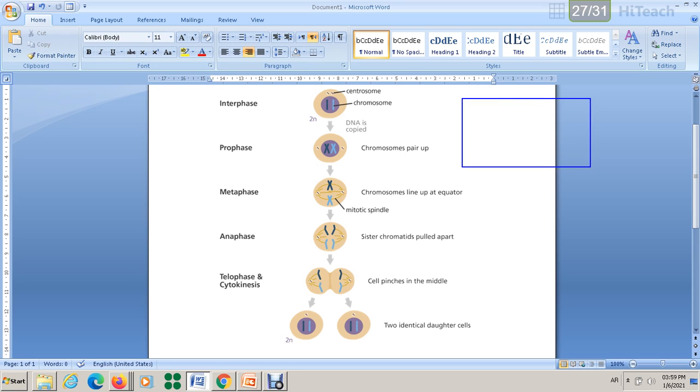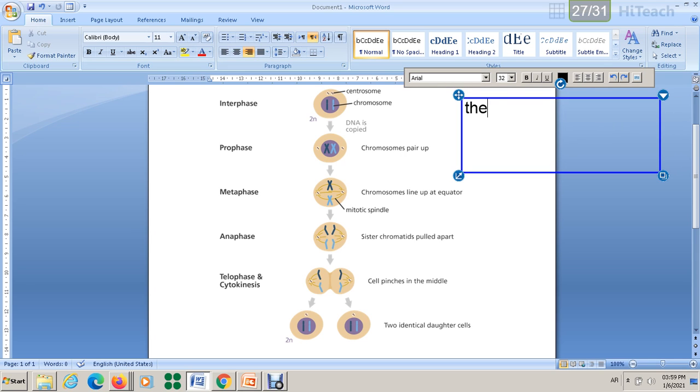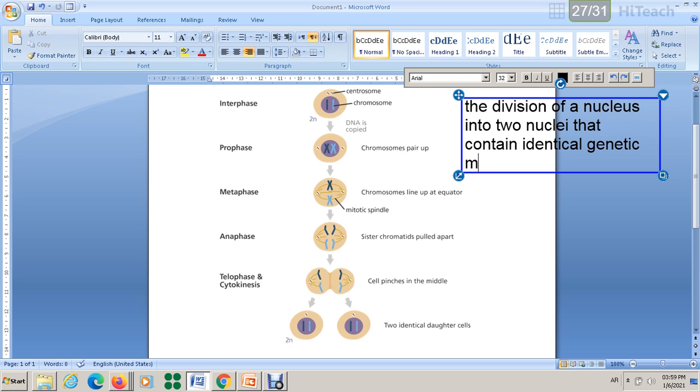Let's write it here: the division of a nucleus into two nuclei that contain identical genetic material. This is the definition of mitosis.